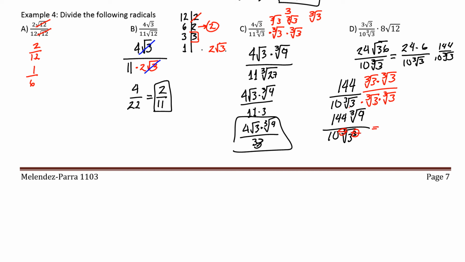So you're going to end up with 144 cube root of 9 over 30, because you now can multiply the 10 and the 3 together. Now 144 and 30 are technically divisible both by 3, actually both of them are divisible by 6, which is even better. 24 cube root of 9 over 5.